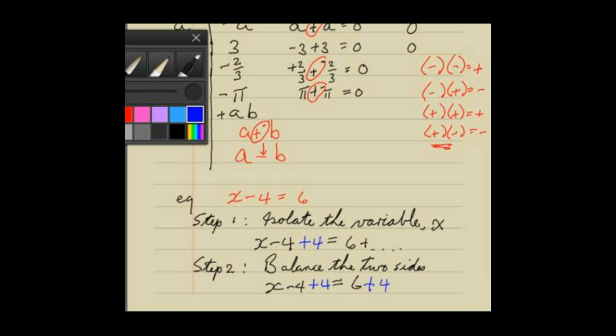At this point now we will find that the additive inverse and its number have given us 0. So we end up with x plus 0, because minus 4 and plus 4 gave us the additive identity, which is 0. And so now the answer is 6 plus 4 is 10.